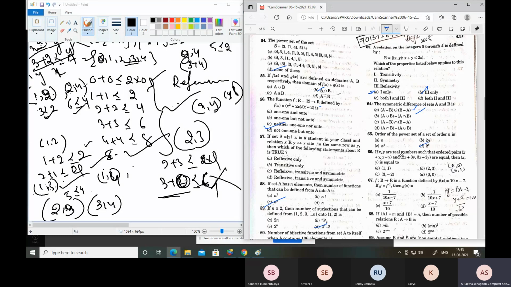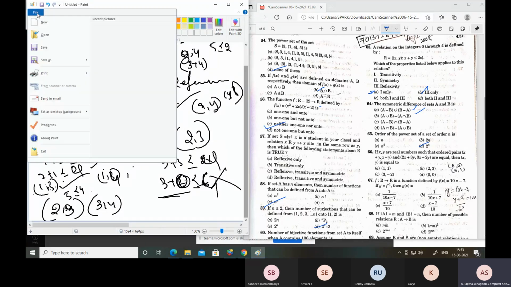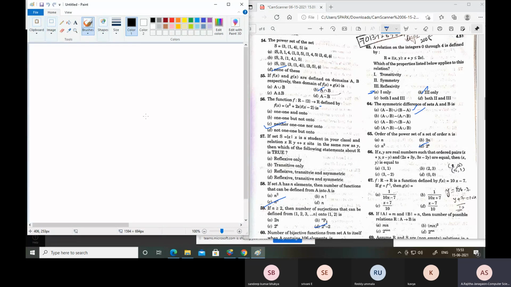Sometimes the questions are like this, on inverse functions. Sometimes they ask us to find out inverse functions. How can you find out the inverse of a function? Suppose f of x equal to 10x minus 7. Here y equals 10x minus 7.